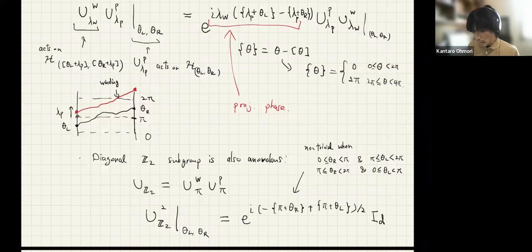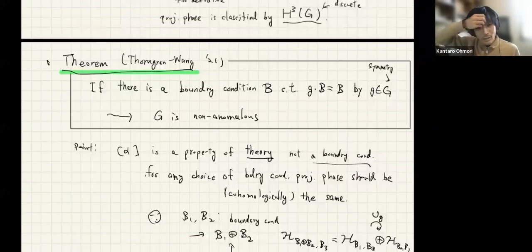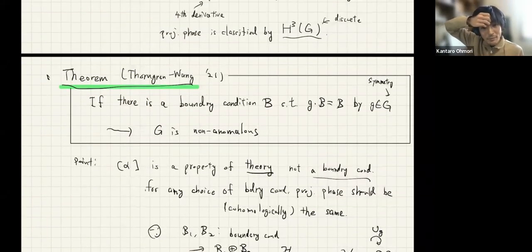Yes. And also in terms of the Song-Ren theorem, if the symmetry is anomalous, then there is no boundary condition that is preserved by this symmetry.